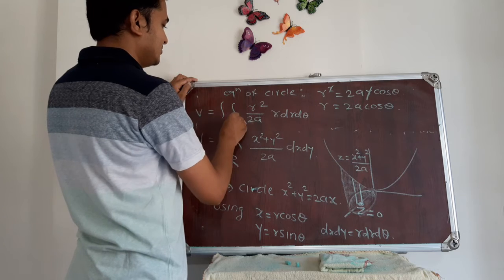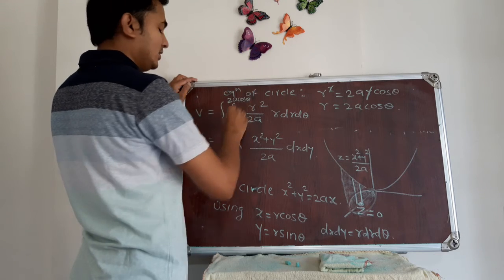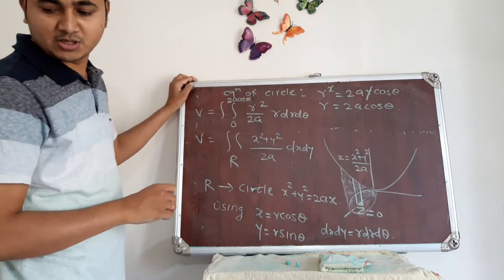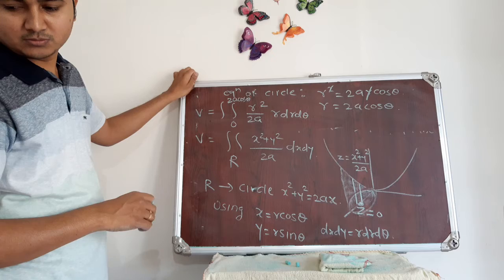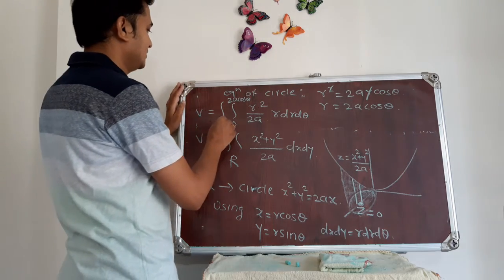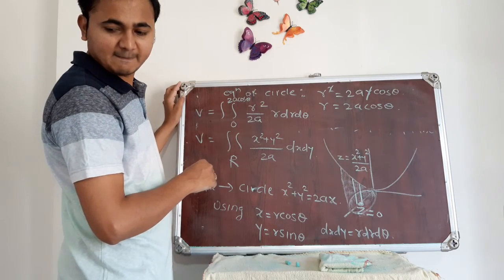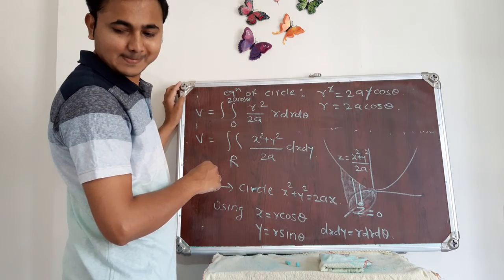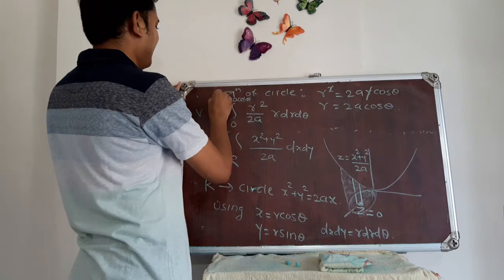Limits of r are from 0 to 2a cos θ, and the limits of θ are 2 times 0 to π/2.